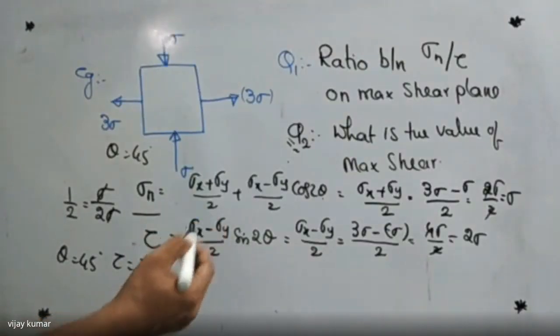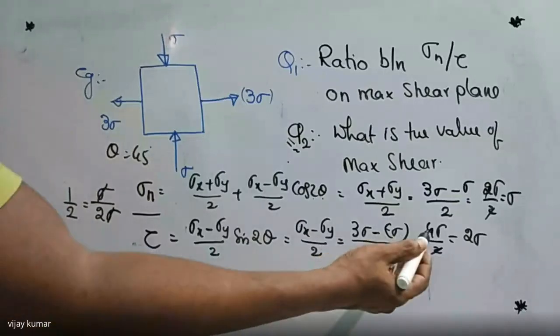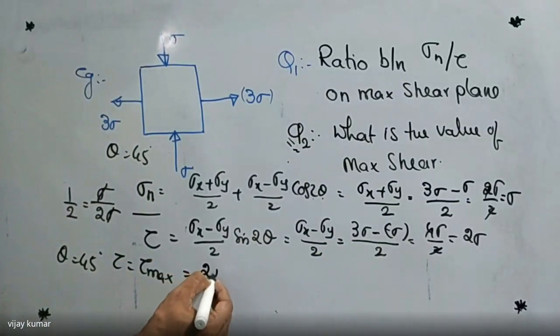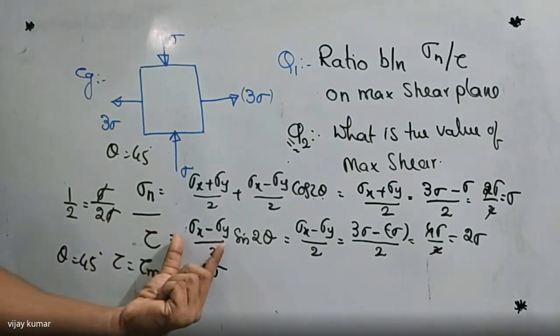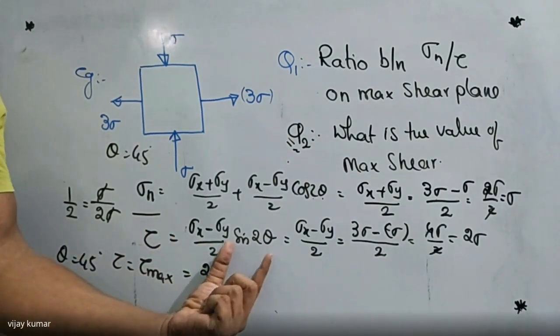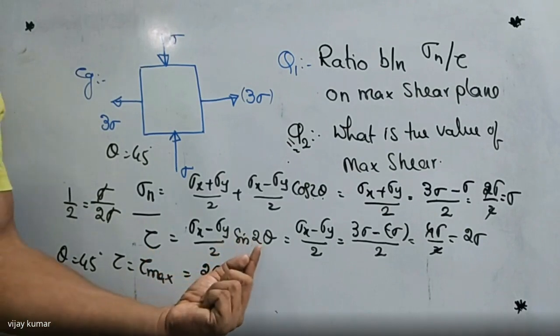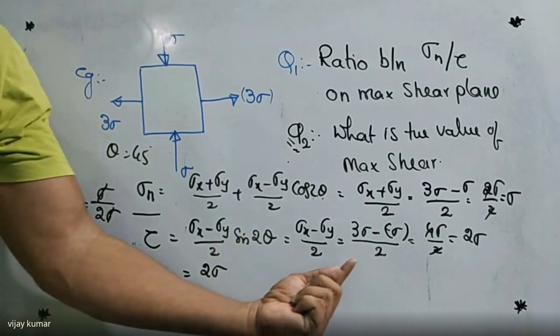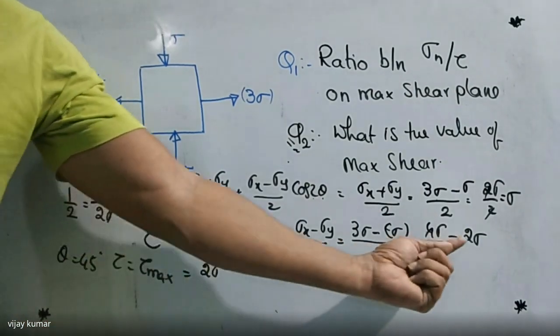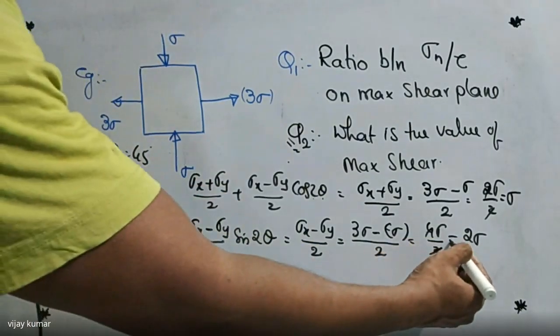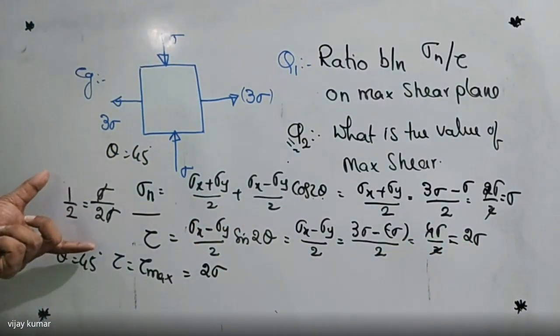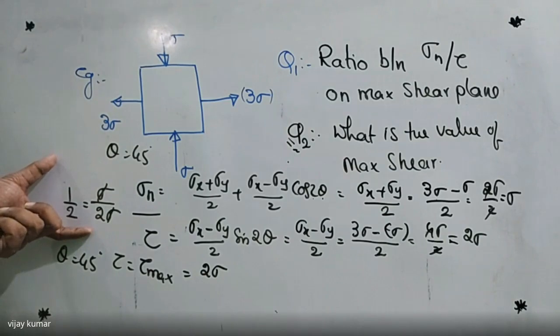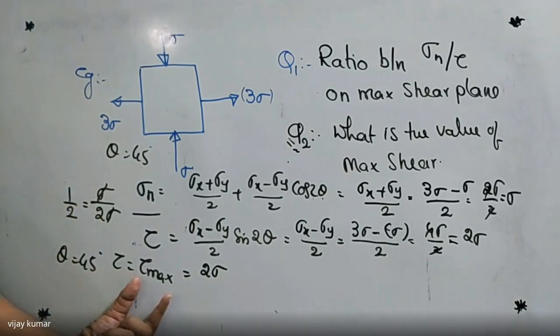But what is the tau value here? This is the tau value. So what is the maximum value? Tau is 2 sigma. In the same formula, I substitute theta is equal to 45, we get the same thing, 2 sigma. So this is the ratio between normal stress and shear stress, and this is the value of maximum shear.